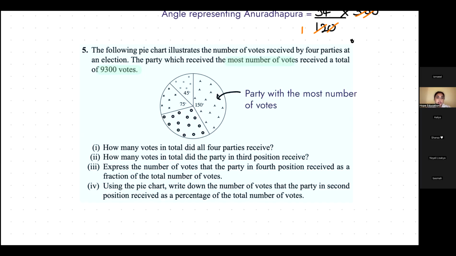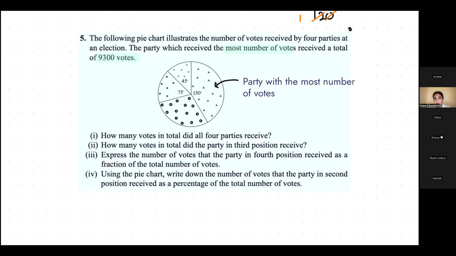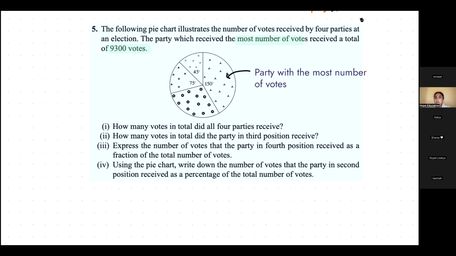Right. How many votes in total did all 4 parties receive? Did you all find that answer here? Can you all tell me how you got that answer? Yes.